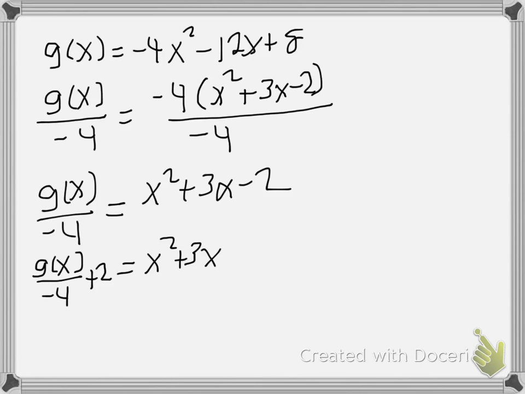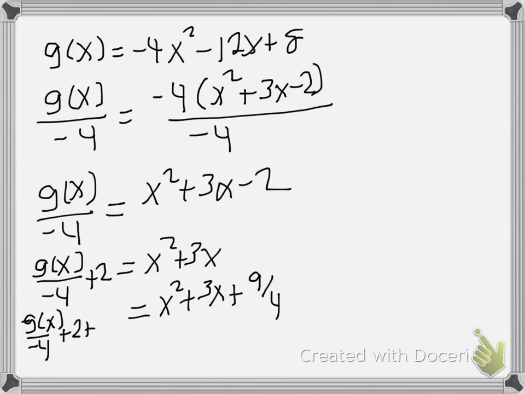Okay, let's complete our square. It's x squared plus 3x. Now, half of 3 is 3 over 2. 3 over 2 squared is 9 over 4, so I'm going to add 9 over 4. And I'm going to have that over here too, so I have g of x over negative 4 plus 2 plus 9 over 4.